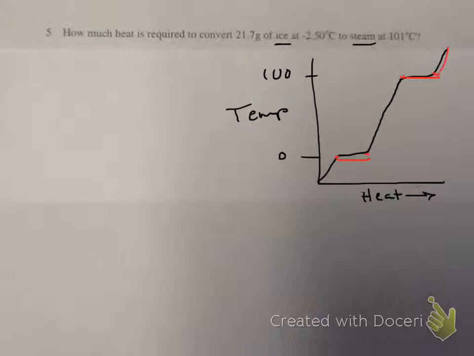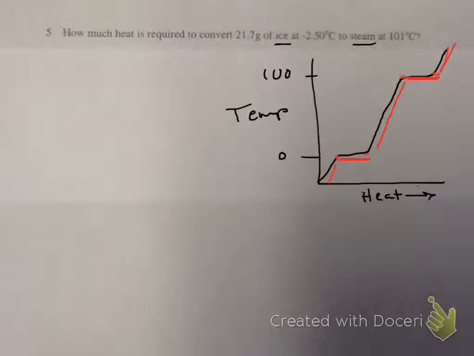So you want to think about these types of problems in terms of the segments in this heating and cooling curve. You have ice, then you melt it, then you have water, and then you vaporize it, and then you'll have steam. So this will require up to 5 problems.